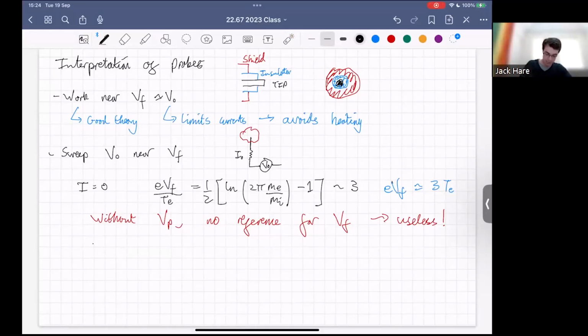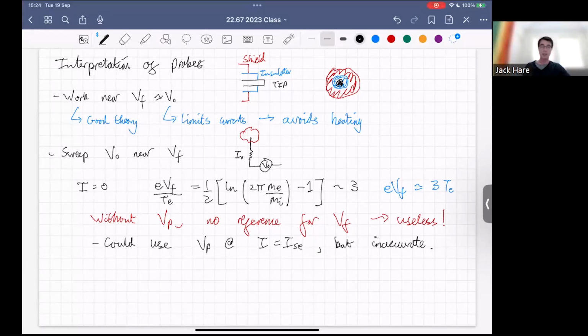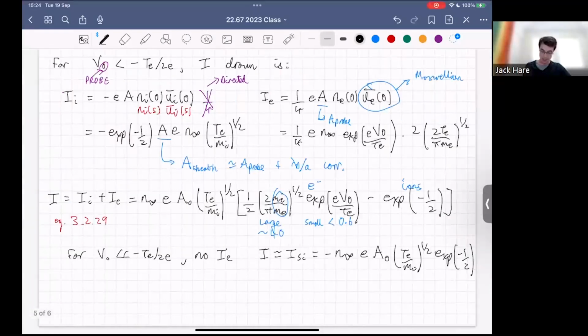So, again, we could use Vp at I equals the electron saturation current, but that's inaccurate. So we don't tend to do that. What we do instead is an alternative technique where we look at this equation very hard and we think to ourselves, how does I change with V0 here?